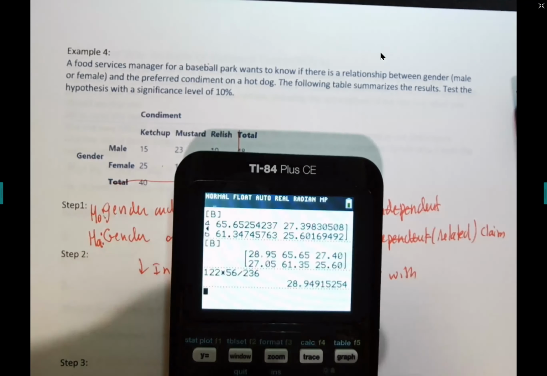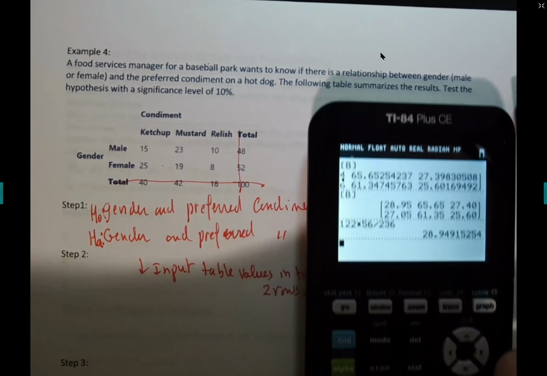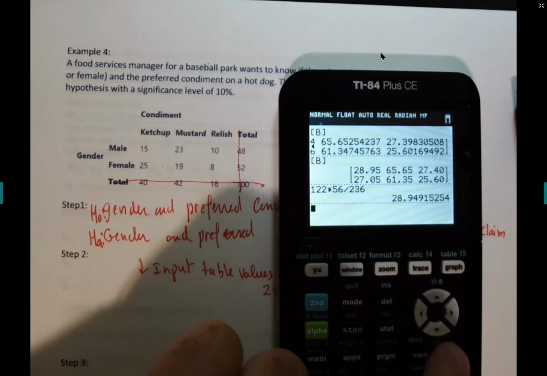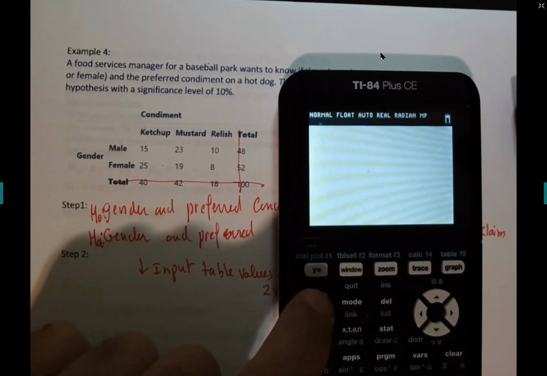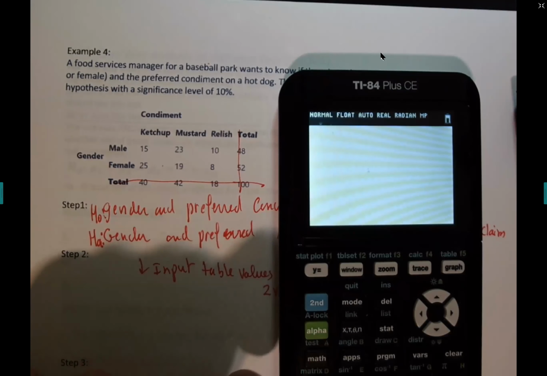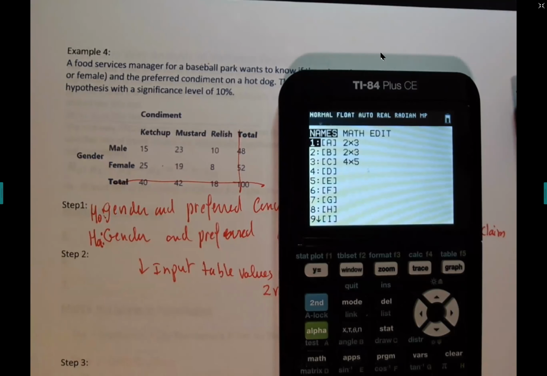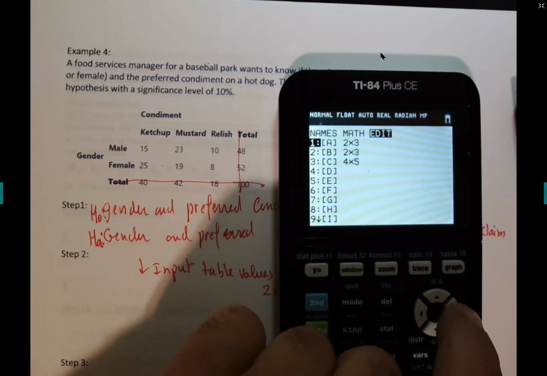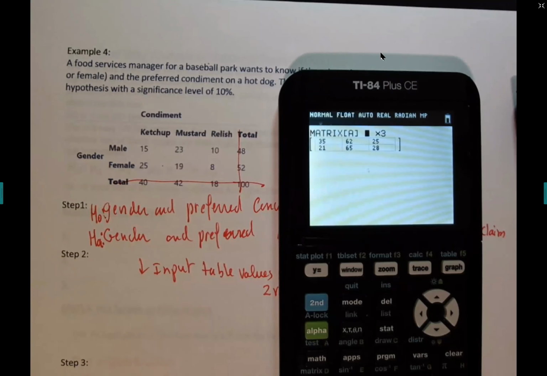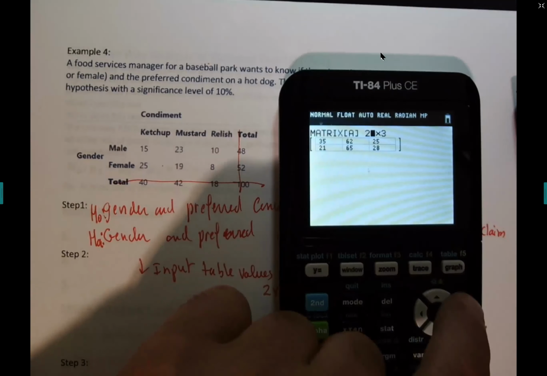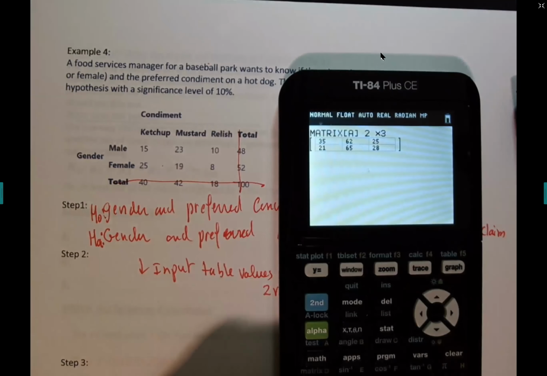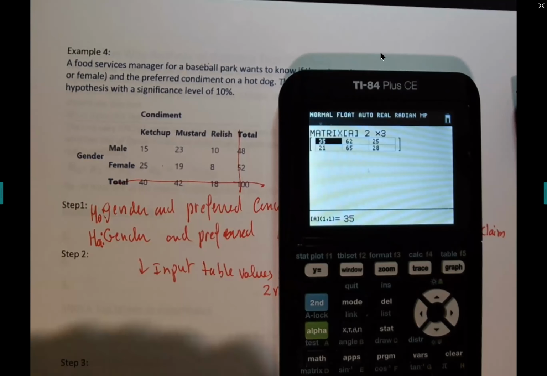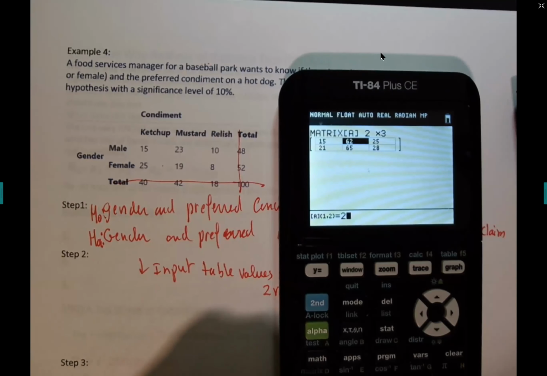You ready, guys? Let me show you the steps one more time. That's an opportunity to see how this is done again. So you go to second, and then matrix, which is X inverse. Then you go to edit, and then enter. Luckily I have the 2 by 3, that's what I need. So I don't need to change anything here. Just put the values, guys: 15, 23, 10, 25, 19, and then 8.